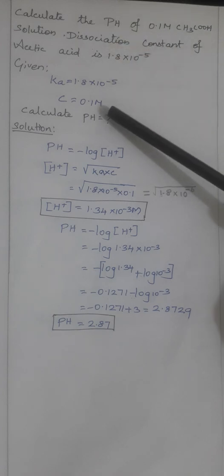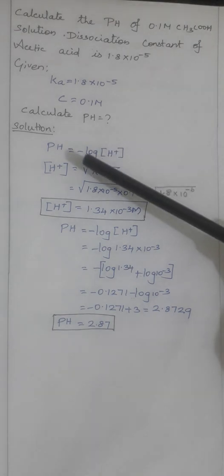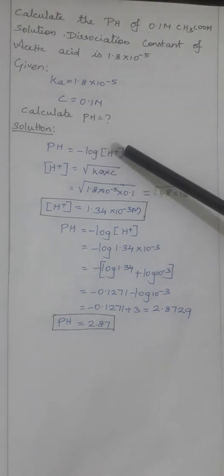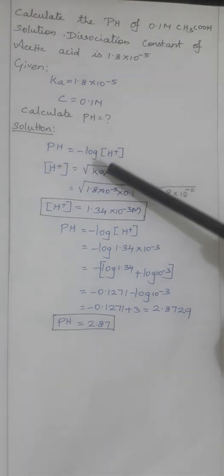Calculate the pH. How to calculate the pH? pH is equal to minus log of H plus concentration. How to calculate the H plus ion concentration? H plus concentration is equal to root of Ka into C.